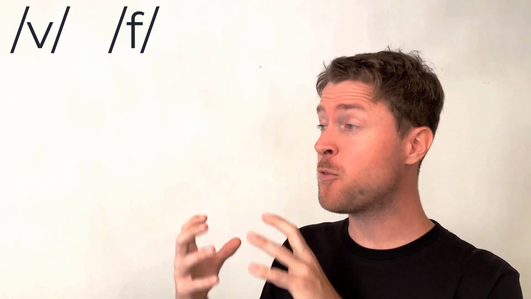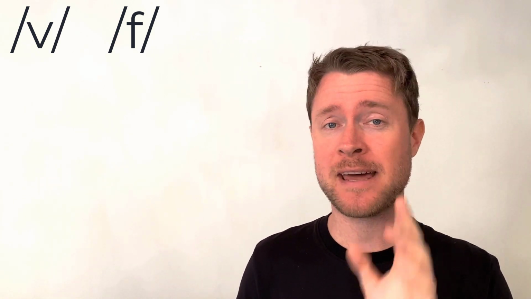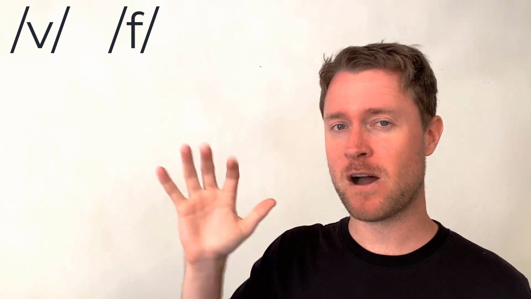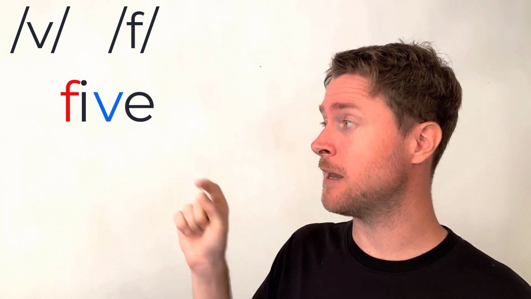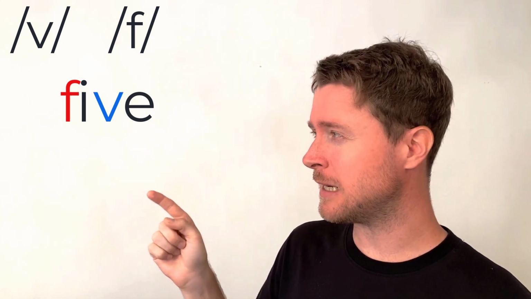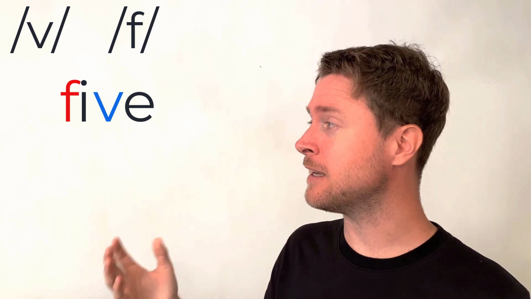Okay, there's a really good way to practice both of these sounds together, and that is with numbers. The number 5. You'll notice the number 5 contains an F at the beginning, and a V at the end. 5, 5, 5.